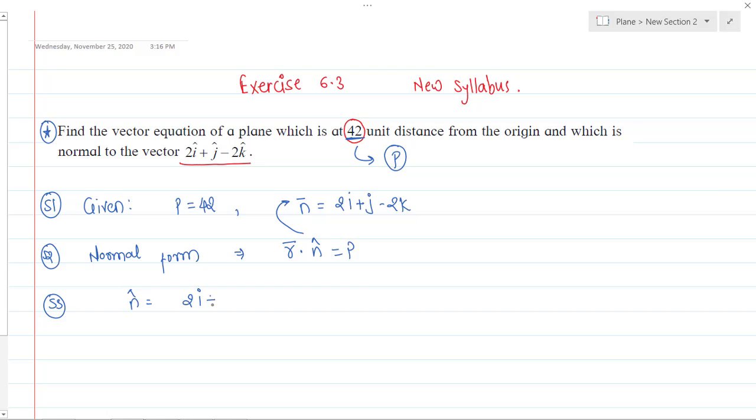So it's 2i plus j minus 2k whole divided by root of 2 square, which is 4, plus 1 square, which is 1, plus 2 square, which is 4. Okay, so this is equals to 2i plus j minus 2k divided by root of 9, so that becomes 3.